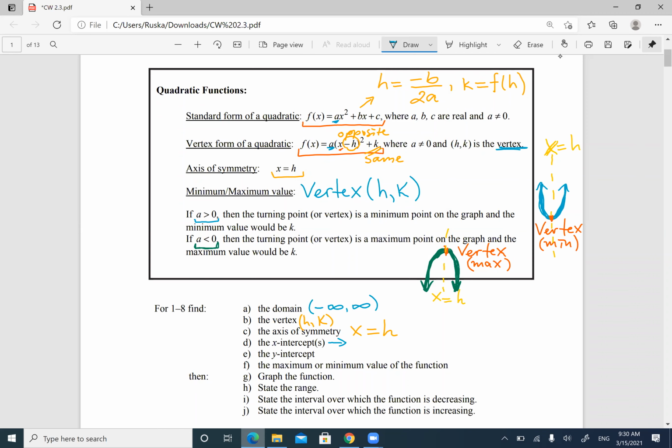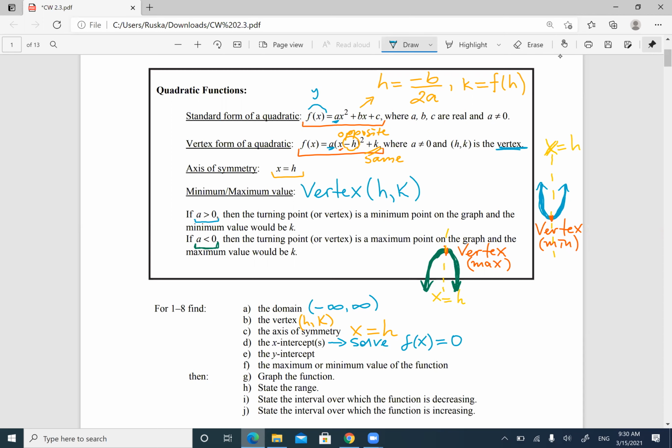So here we're going to solve y equals 0, or technically f of x equals 0, because that's how you get the equation. f of x and y mean the same, if you remember from when we talked about functions. f of x is the same as y, right? So we're going to solve the function equals 0, and that's how you're going to get the x-intercept.